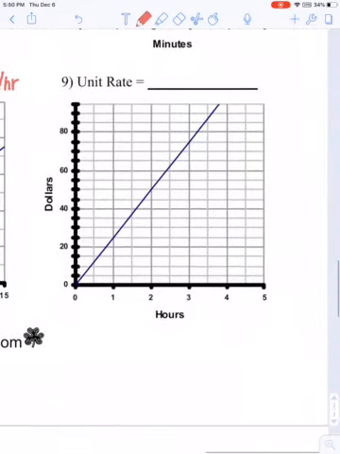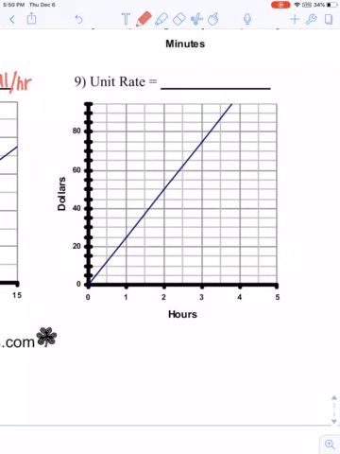Lastly, we're going to look at 9 together. Each of these tick marks, I have 1, 2, 3, 4 between 0 and 20 there. So I'm going by 5. So 5, 10, 15, 20. Now let's look at our label. So dollars per hour. Again, I'm going to put the dollar sign in the front, per hour, and then I'll fill in with the slope once I find it.